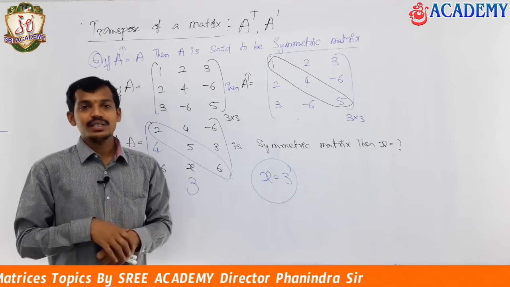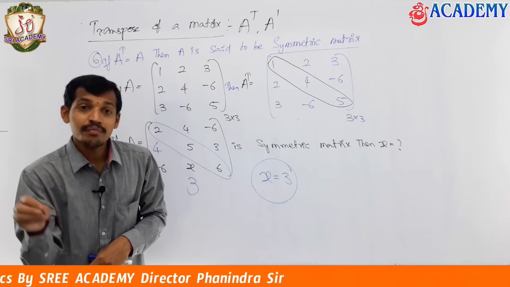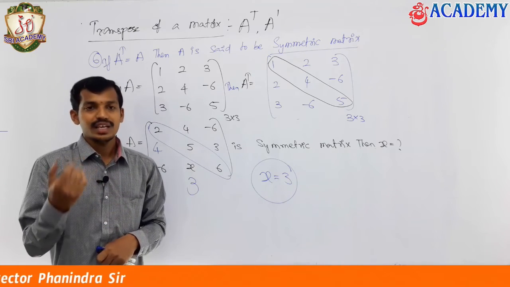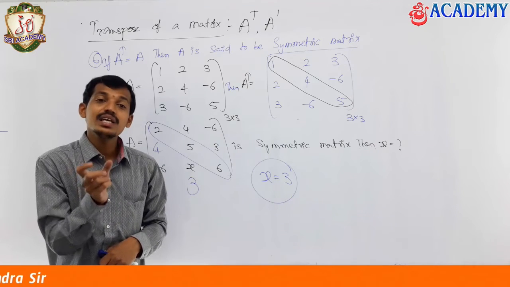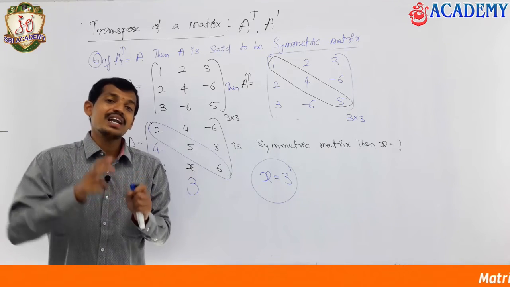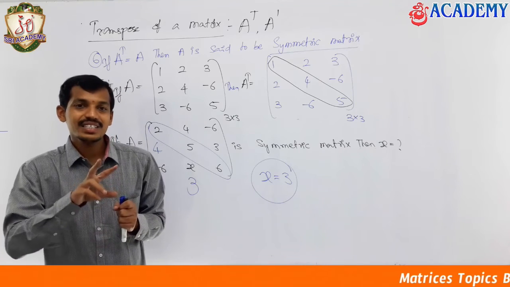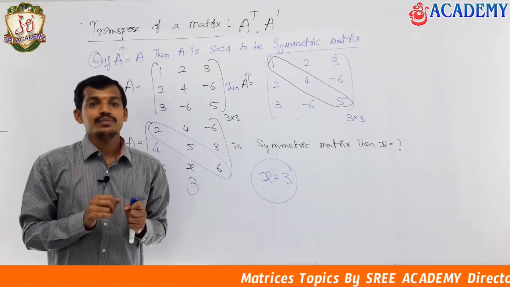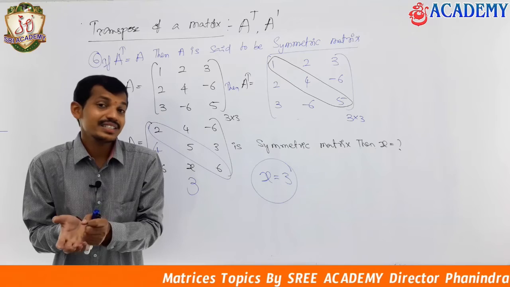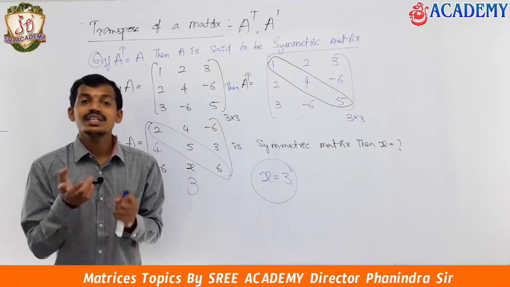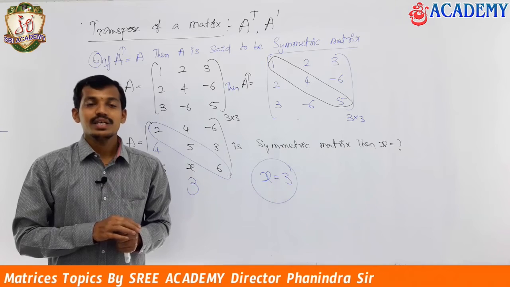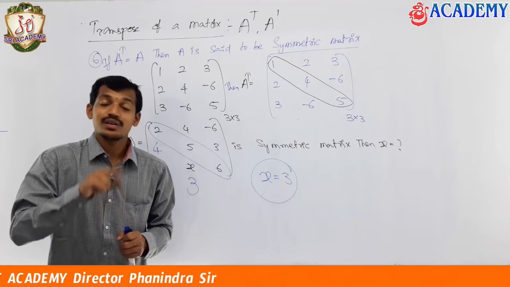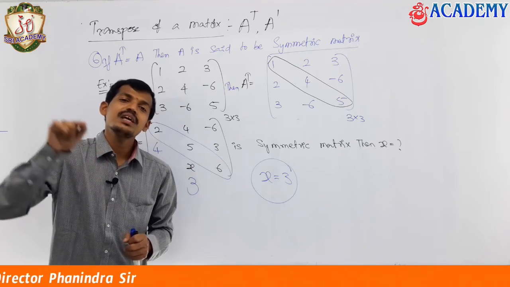In a symmetric matrix, if I interchange the row number and column number of each and every element, if you are getting the same element, then that matrix is going to be a symmetric matrix. By interchanging row number and column number of an element, you are going to get the same element.